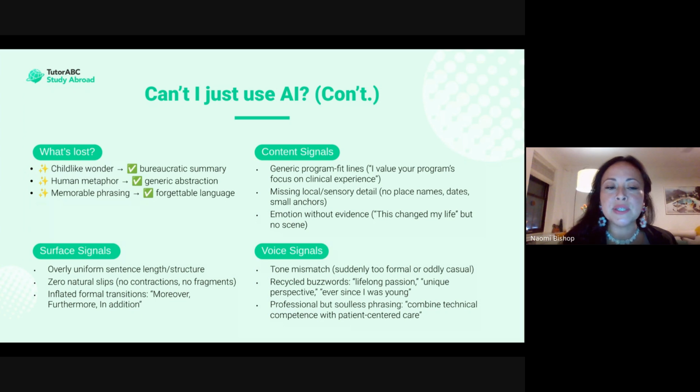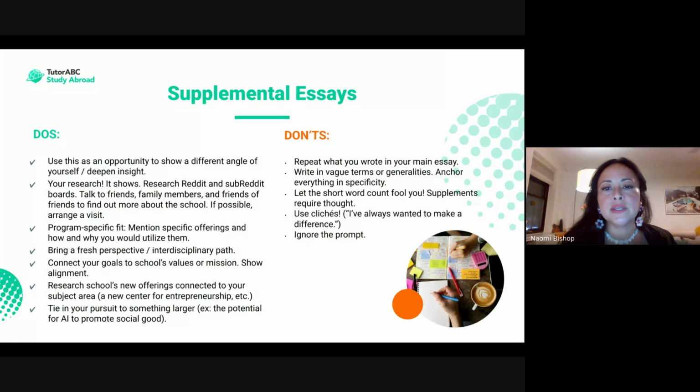It shows that you're a person, not a robot. And inflated formal transitions, especially if you are not a native speaker, you may not know how to re-edit AI into what would sound more natural. So just something to really think about. There's tone mismatch, recycled buzzwords, and professional but soulless phrasing again.